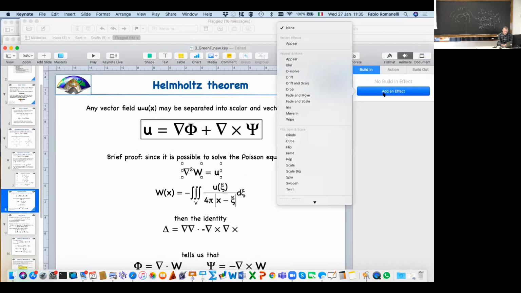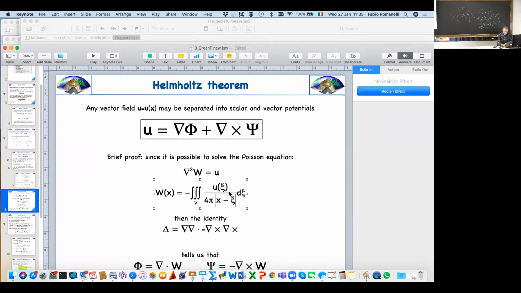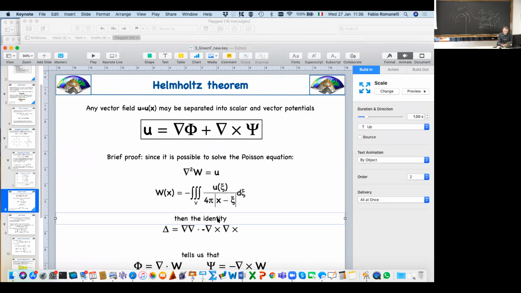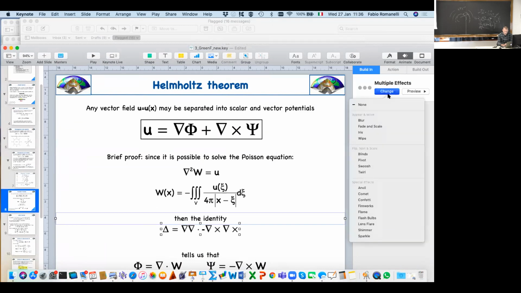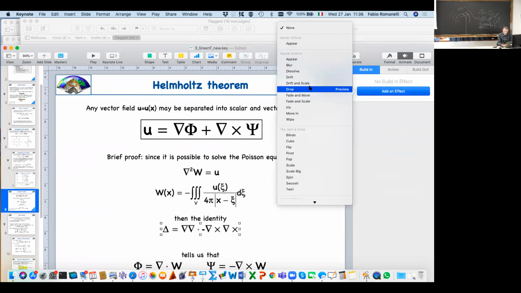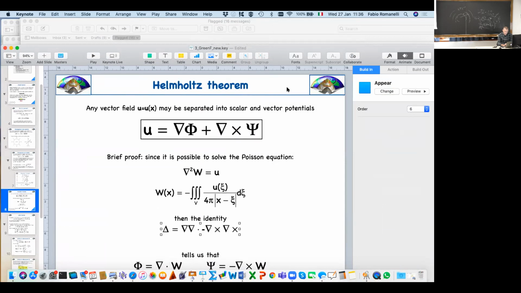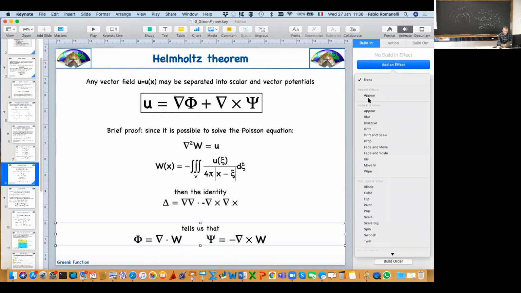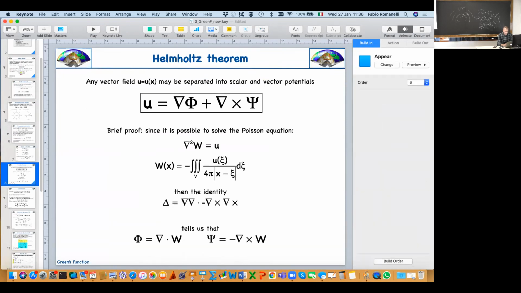This has to be number 2, otherwise I will never remember. This has to appear. That has to appear. And this has to appear. Let me group it. Who knows if now it's working?